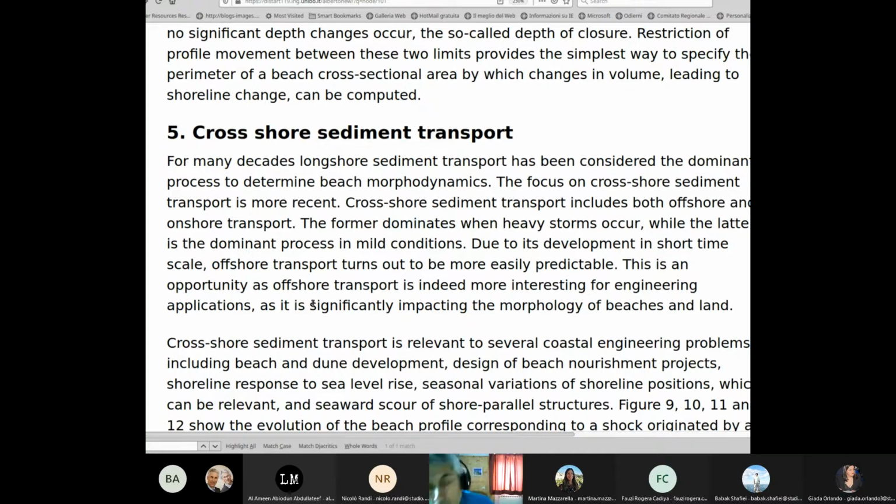Now, how to estimate, how to model these phenomena of cross-shore sediment transport? It is more complicated. It is more complicated because it's a process that evolves, as we said, in a short time scale.